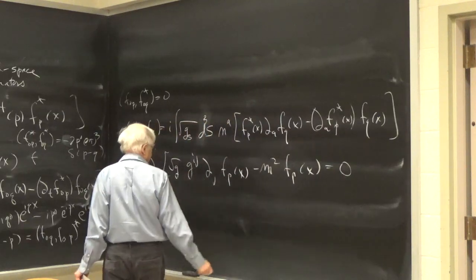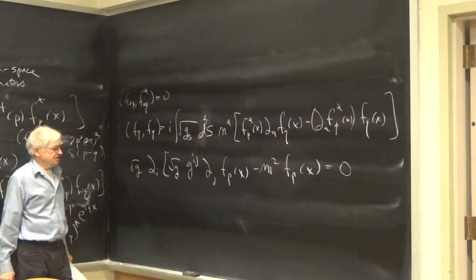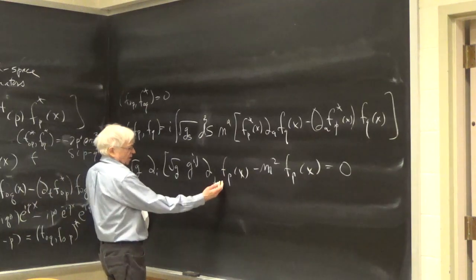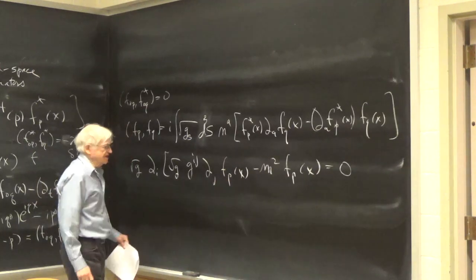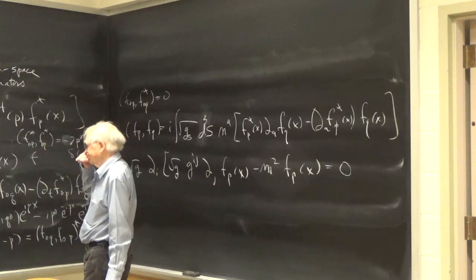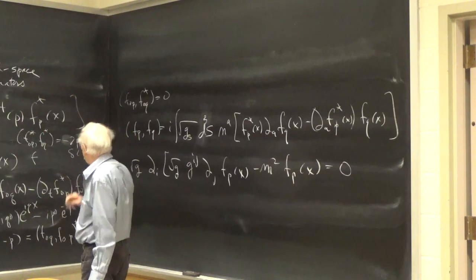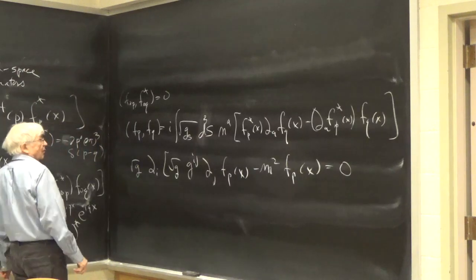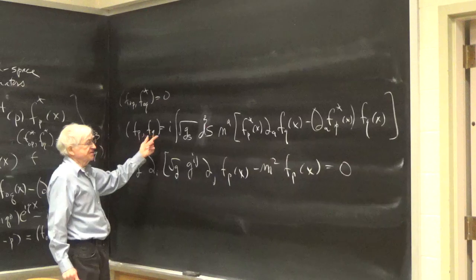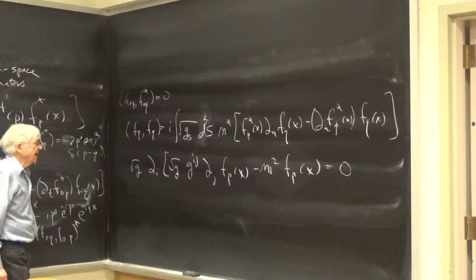That there's a complete set of solutions to this equation, which we're calling f_p of x. And then we're defining an inner product on this complete set of solutions in this way.